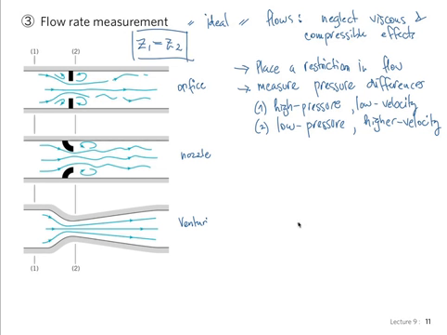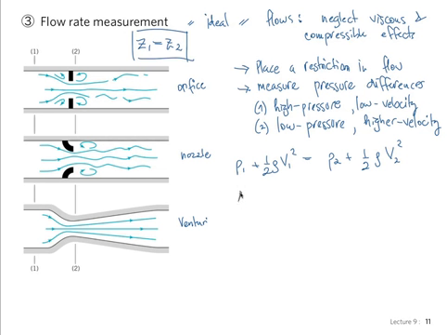And we can apply Bernoulli between these 2 points 1 and 2: P1 plus 1/2 rho V1 squared equals P2 plus 1/2 rho V2 squared. Assume uniform velocities through sections 1 and 2. These are all sort of sweeping assumptions. Of course, the velocity is not uniform, but in an engineering approximation, we're happy to consider it.